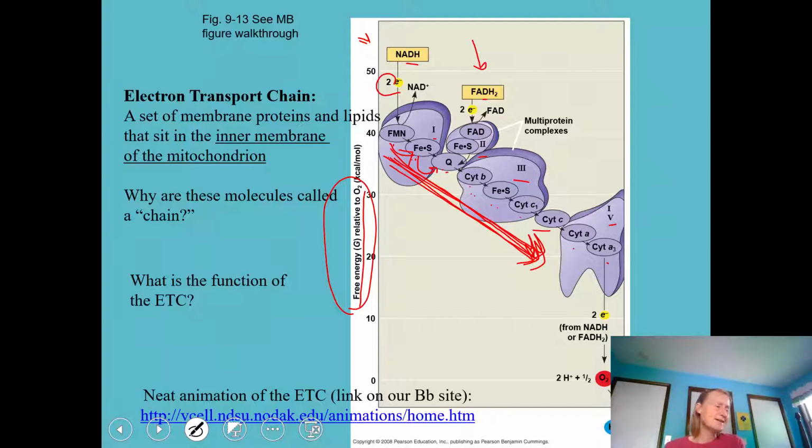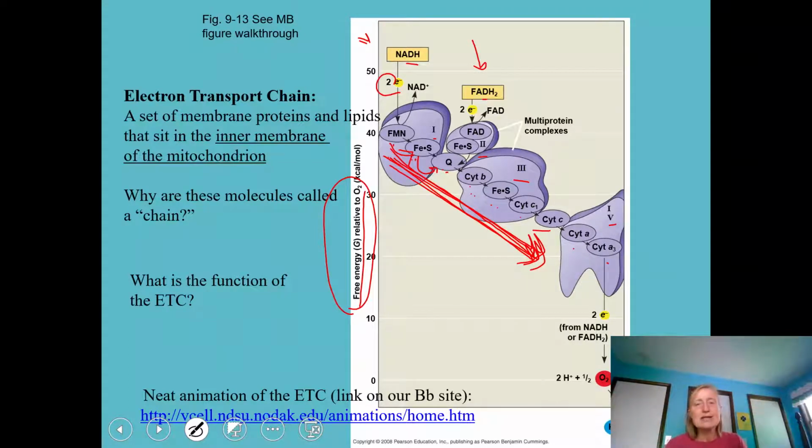The electron transport chain shuttles electrons down a series of redox reactions that releases energy. As these electrons fall down the electron transport chain, energy is released. And what do you think that energy is used to do? Make ATP somehow.